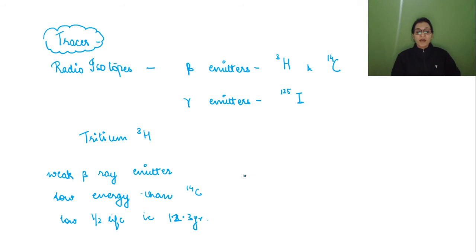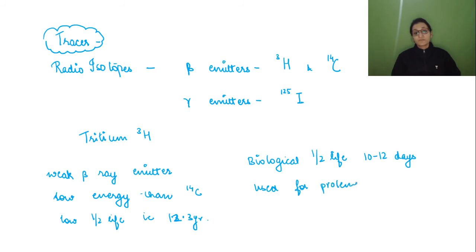Then biological half-life is 10 to 12 days. Then it is produced by neutron bombardment of lower hydrogen isotope and used for drugs like proteins and amino acids.